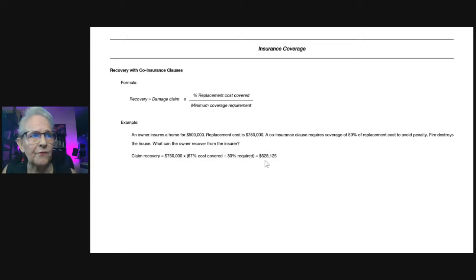So claim recovery, 750 times 67% cost covered divided by 80% equals 628. So 67% of 750, divided by the 80% required, equals 628.